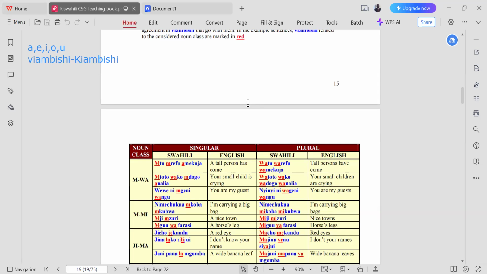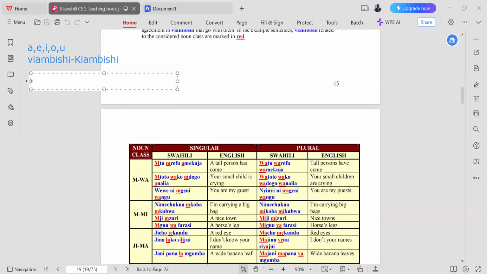But is this the same structure in Congo? Yes, brother. But in Congo, we have the vowel U. We don't say mtoto, we say mutoto and watoto. And sometimes the plural form is batoto. Okay, that's the case in Congo.